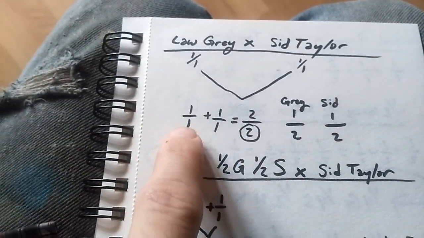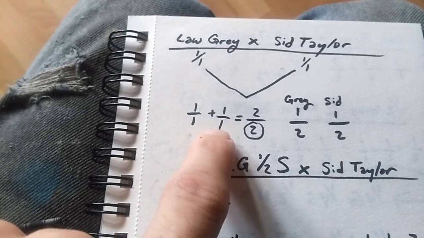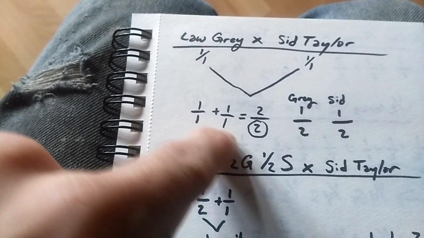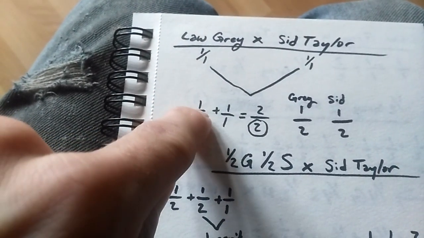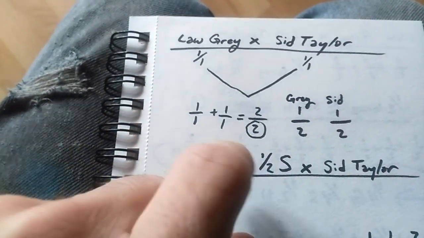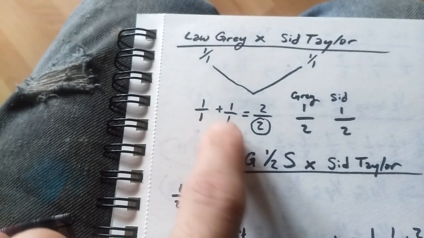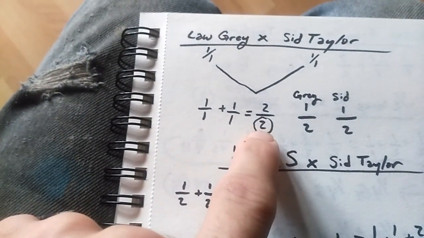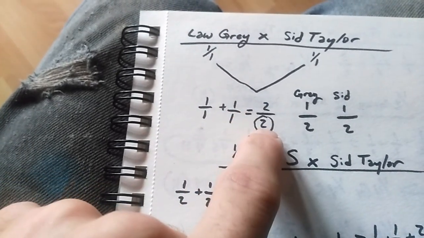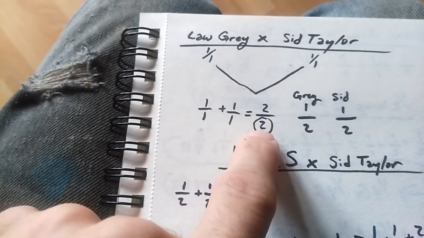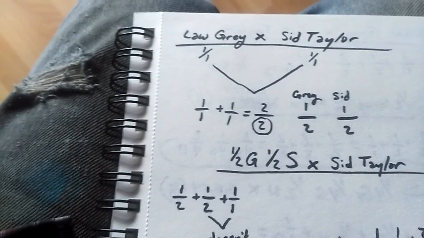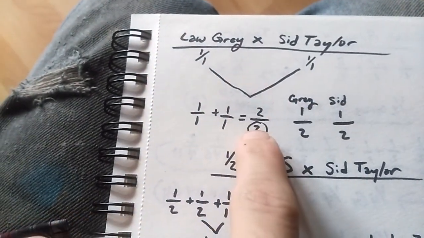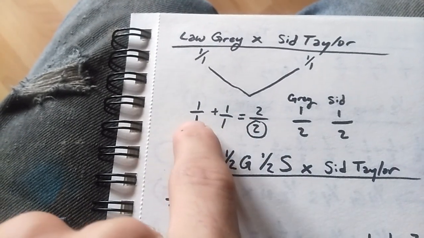The bottom one is how many parts you've got, your total parts, and the top is how many parts of that particular blood. So by going 1 and 1, we obviously have 2 parts to work with, and it should be the same top and bottom. That's how you know you've got the right math. So all you got to do is add these together here.